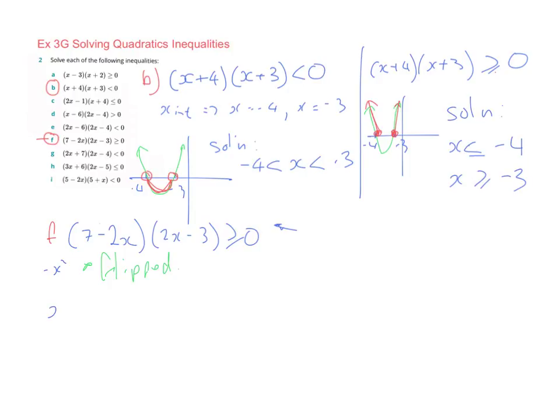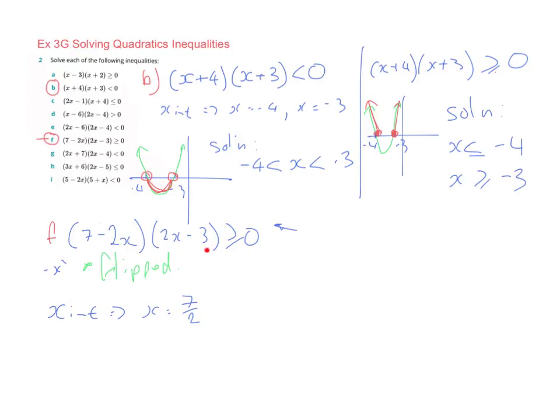So I've got to find my x-intercepts. If I put this equal to 0, I would take my 7 over to that side, becomes -7, divide by -2, so I'd end up with 7 over 2 because the two negatives cancel out.